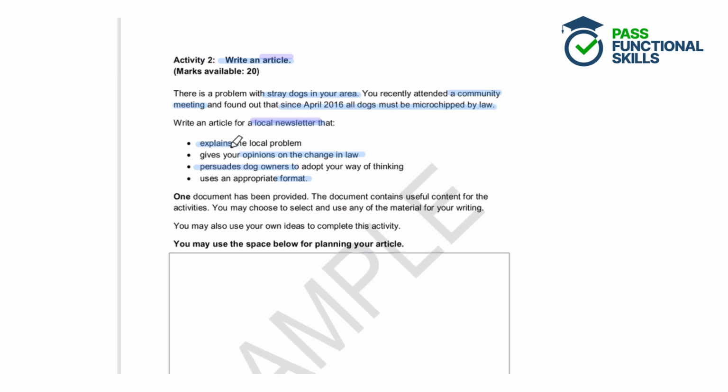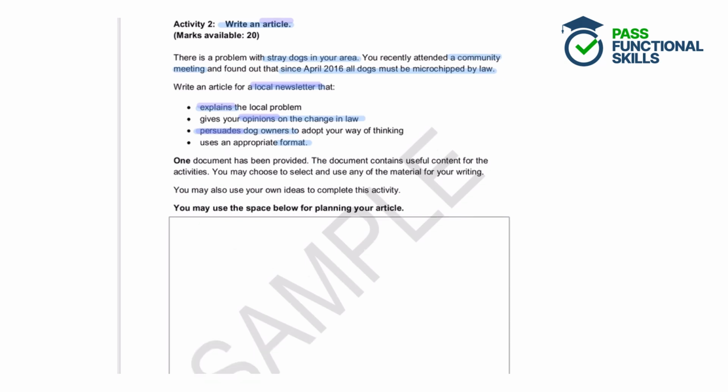So we need to explain the problem, then we need to give opinions, so state our views on the topic, on the changes to the law, and then we need to persuade the dog owners to agree with us. So we've got 3 different aims there. And this answer definitely fulfills those aims.